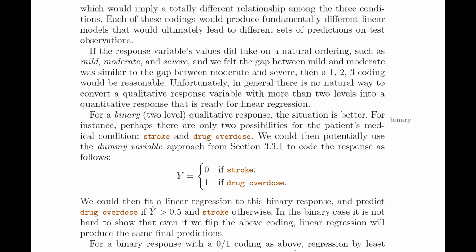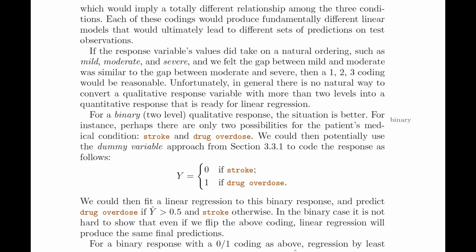If the response variable's values did take on a natural ordering, such as mild, moderate, and severe, and we felt the gap between mild and moderate was similar to that between moderate and severe, then a 1, 2, 3 coding would be reasonable.